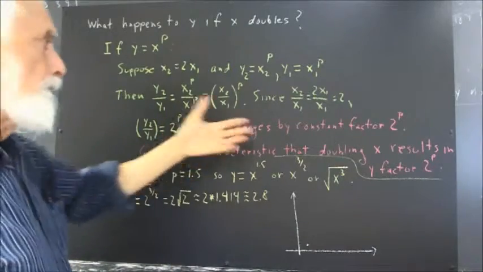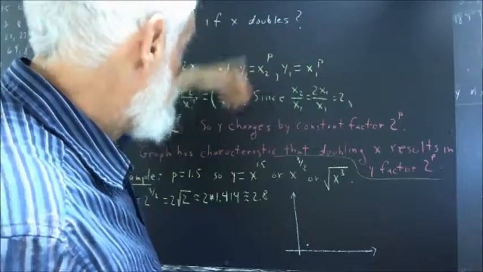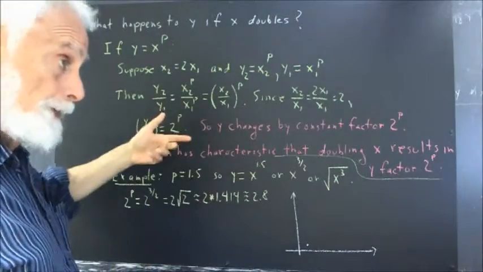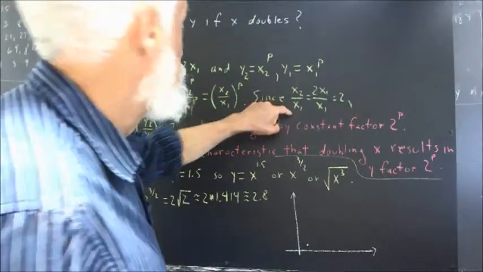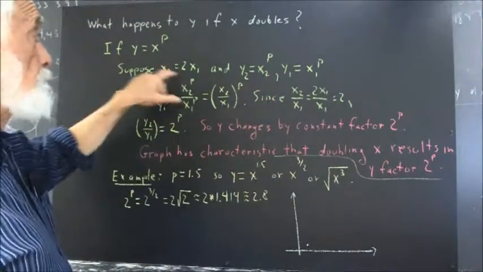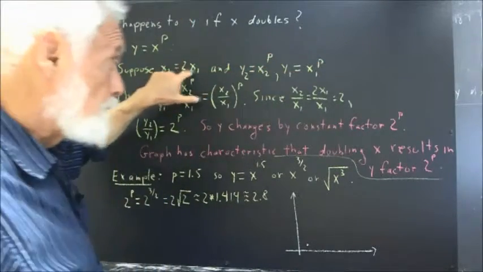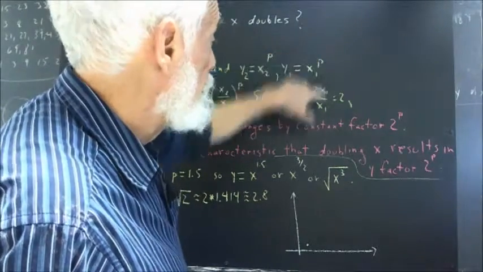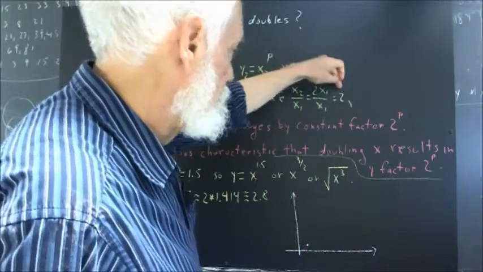Now we can show that algebraically, just to be absolutely sure, and double check what our intuition tells us. Pretty much has to be this way, but let's double check it. x2 is 2x1, so x2 over x1 is 2x1 divided by x1, and of course we divide x1 into x1, we're left with 2.